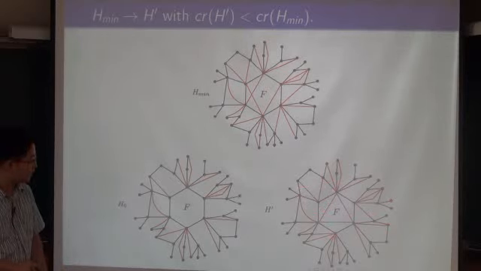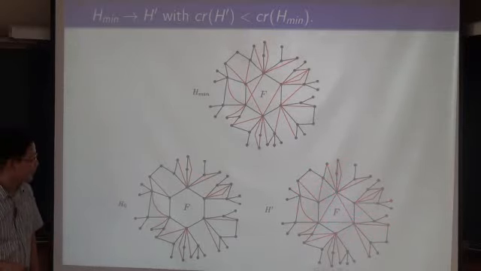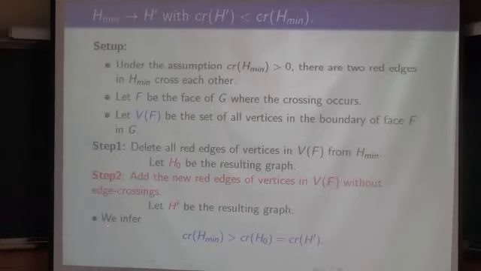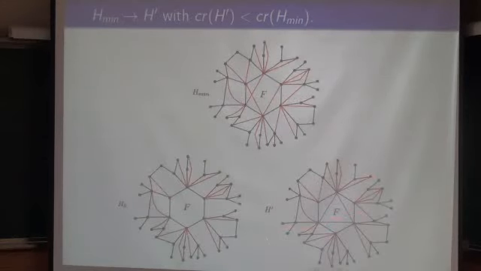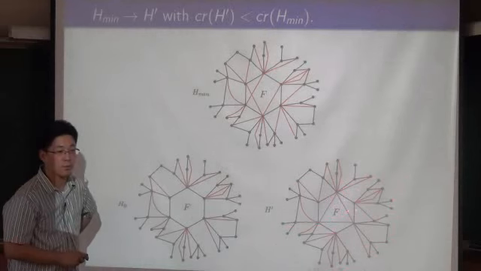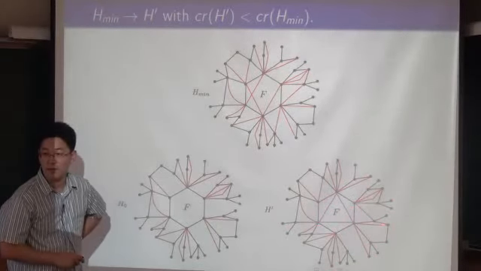So in this figure, we can add this kind of purple edges, right, without edge crossing, right? Then we will infer the following. So the crossing number, and this H prime will be a member of F(G) because now every vertex of degree at least 2 has its red edges, right?